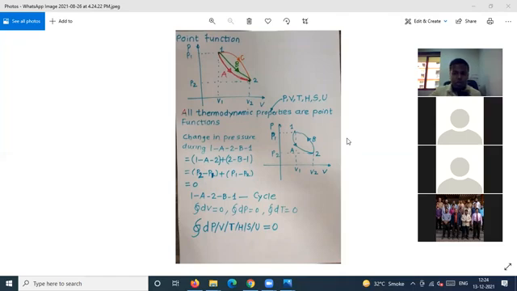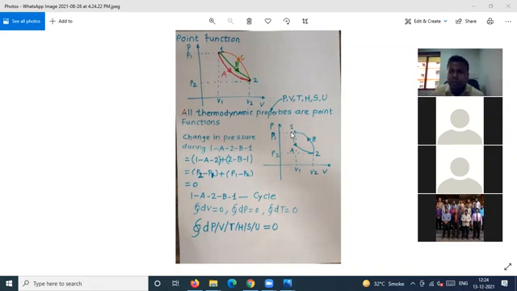So if I ask you what is the change in the pressure during the cycle, you need to add the change in pressure during 1A2 plus the change in pressure during 2B1, right? If I ask you to calculate either change in pressure, volume or temperature during the cycle, the cycle comprises 2 processes.